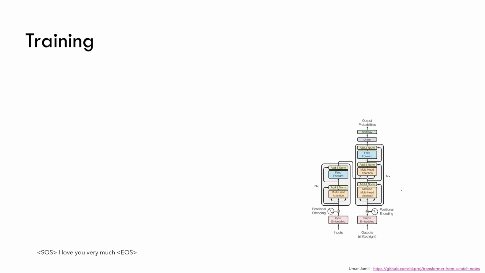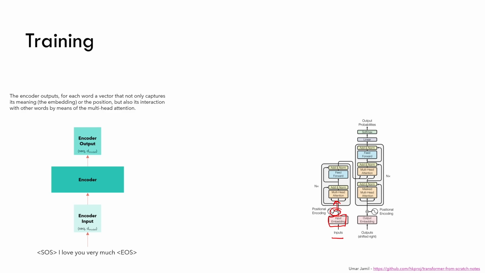Then, as you can see from the picture, we take our inputs, transform them into input embeddings, add the positional encoding, and then send them to the encoder. So this is our encoder input, sequence by d_model. We send it to the encoder. It will produce an output which is sequence by d_model, called the encoder output. As we saw previously, the output of the encoder is another matrix that has the same dimension as the input matrix, which we can see as a sequence of embeddings.